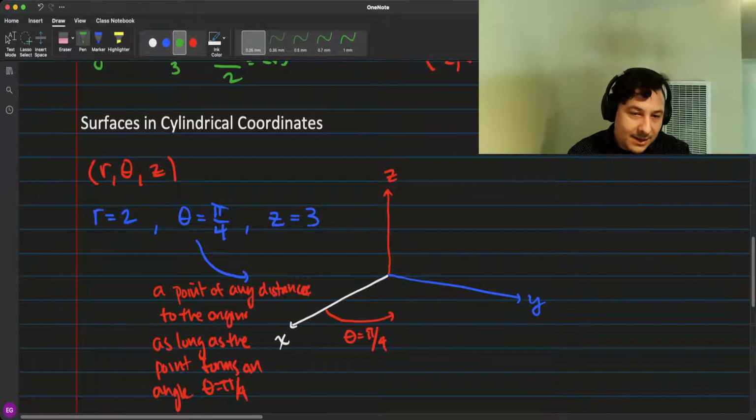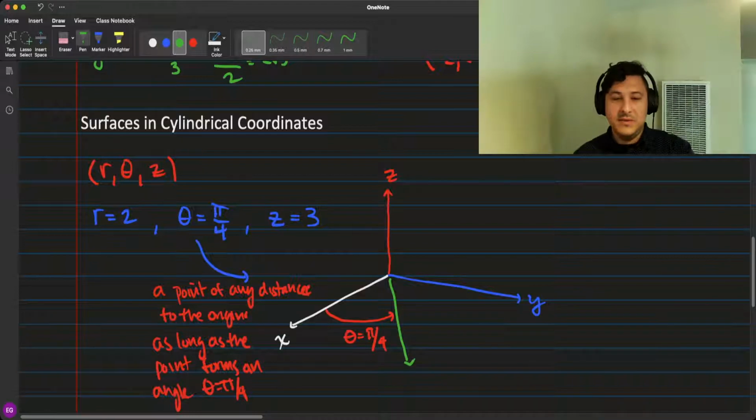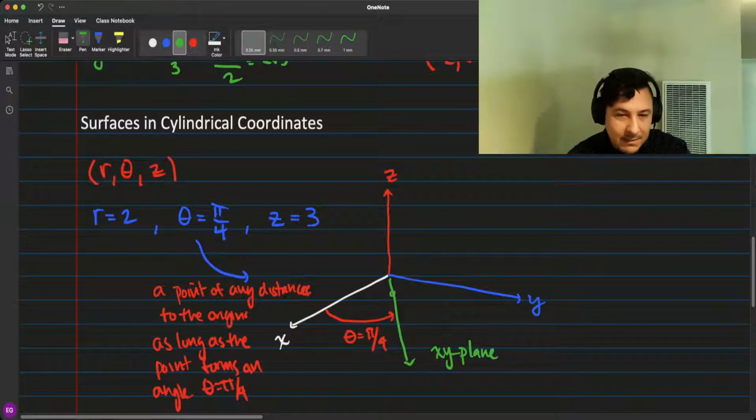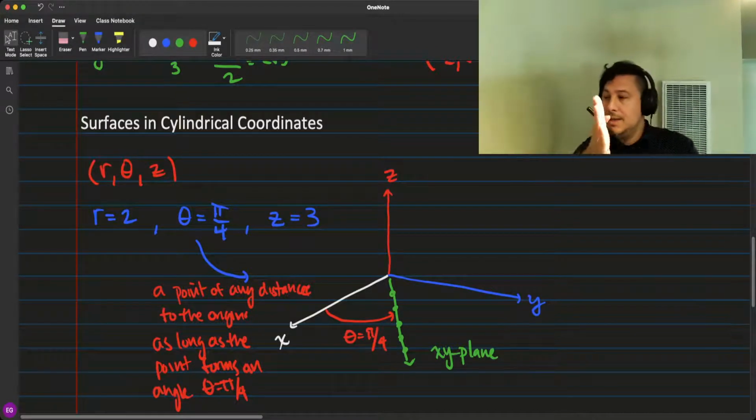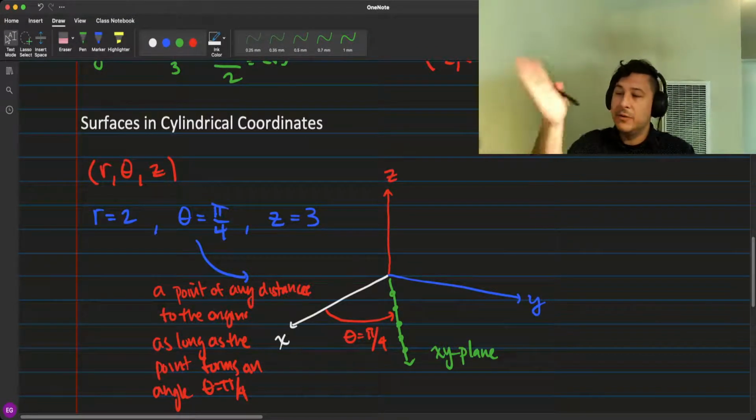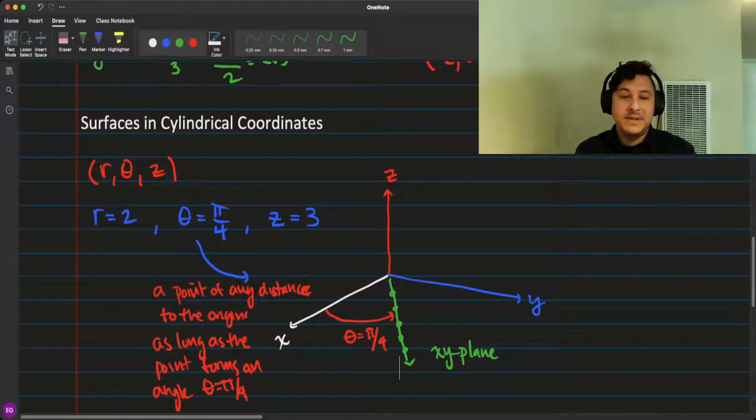And you get a lot of different points. So here, these points are on the xy plane. Does it make sense that any point along this line is rotated the angle pi over 4 from the x-axis, and they have different r values, right?